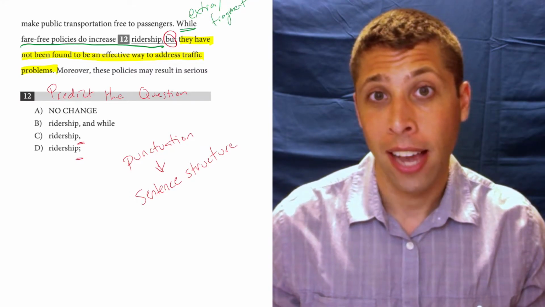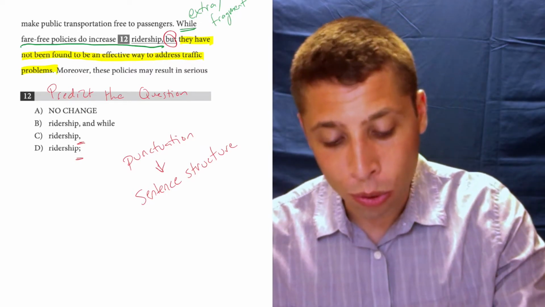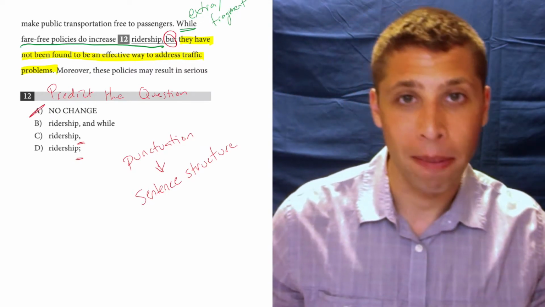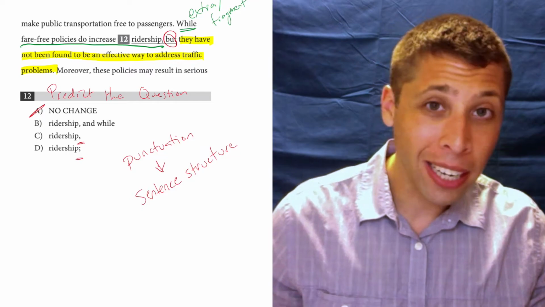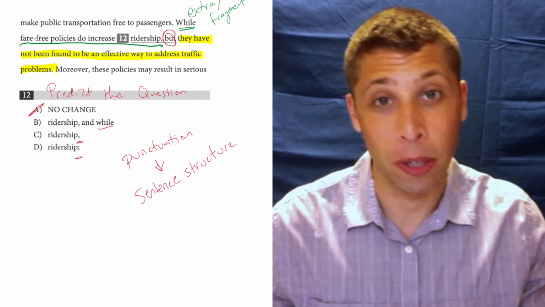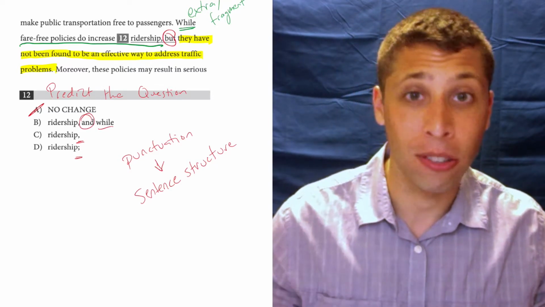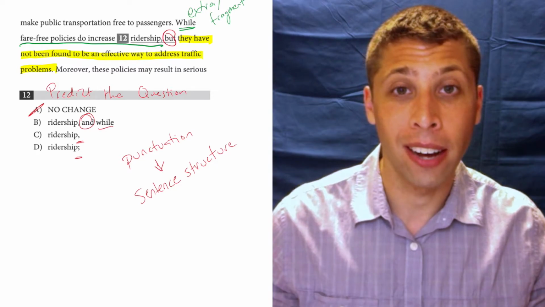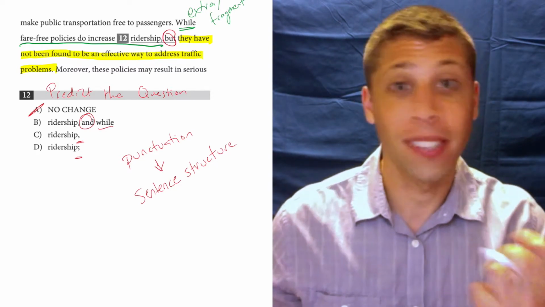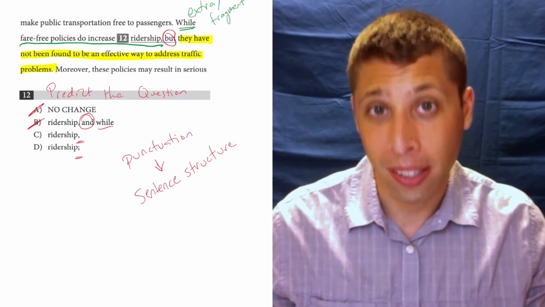And the first part isn't a complete sentence, so I can't use a "but" to do that. The same thing happens with the "and" choice. First of all, there's two whiles, which would not be great. That's kind of weird and bad writing. But the "and" is doing the same thing that the "but" is doing. It's joining a non-sentence with a sentence, and that's not what it's supposed to do. It's supposed to join two complete sentences.